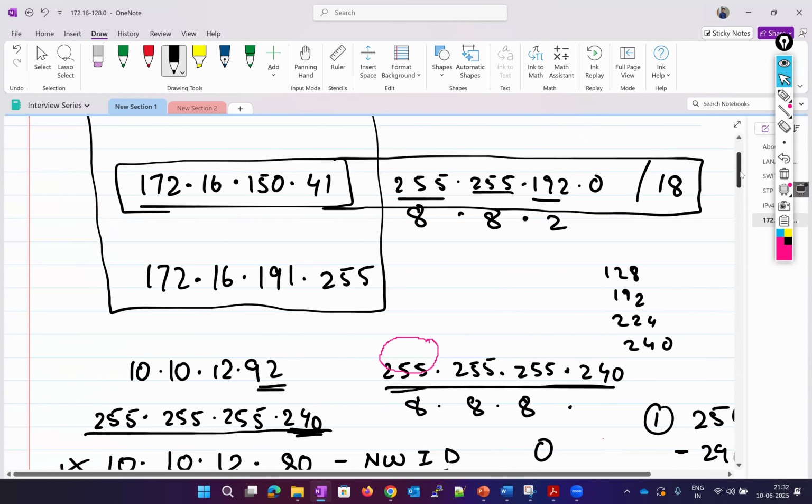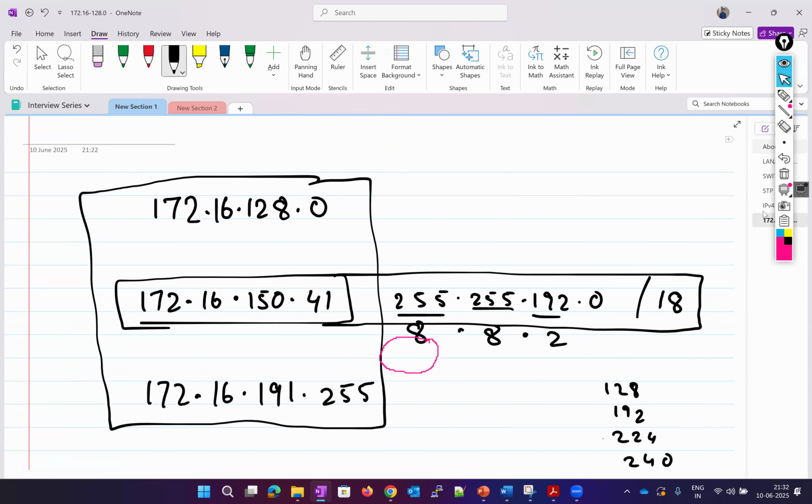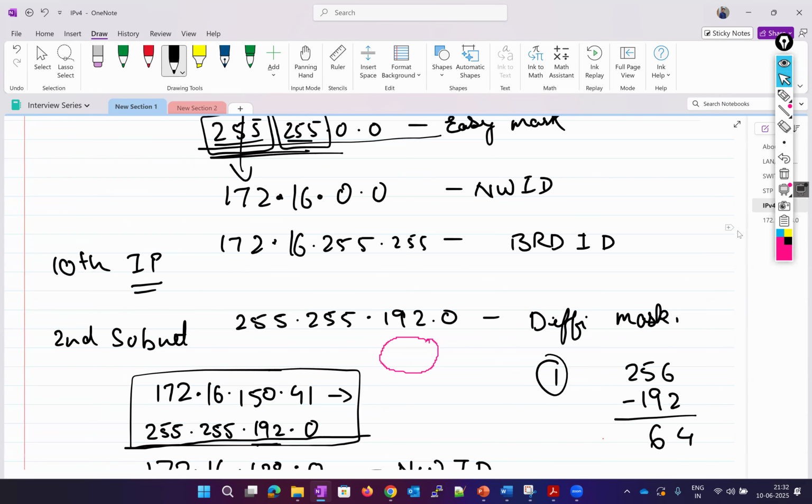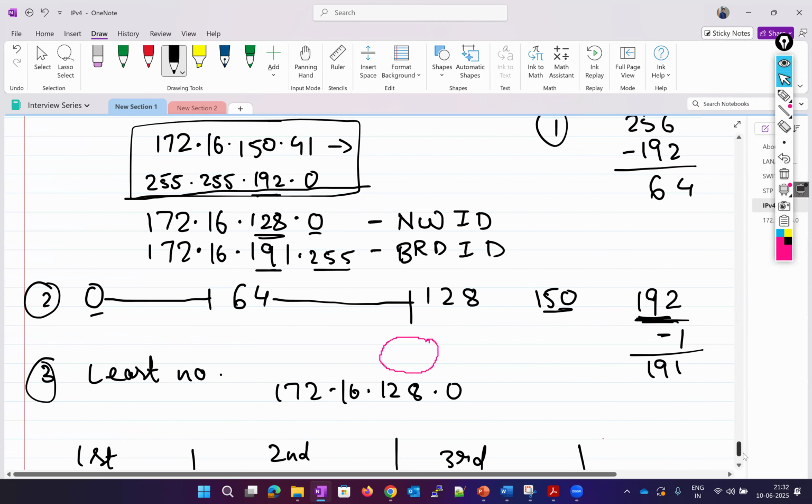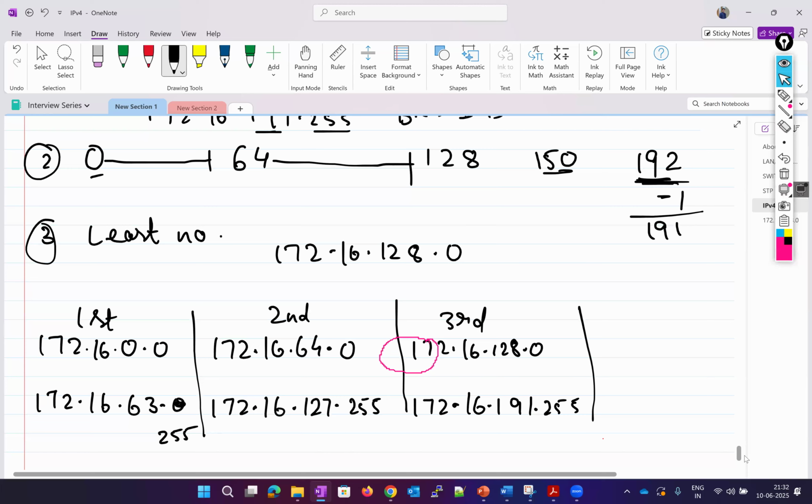Right, sir. Sir, my last question is that whenever we make a block, let's assume that the block will be 0 to 6, then 7 to 10. So we need to perform minus 1. Sorry, repeat your question.